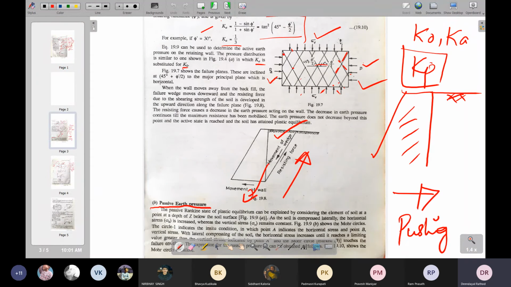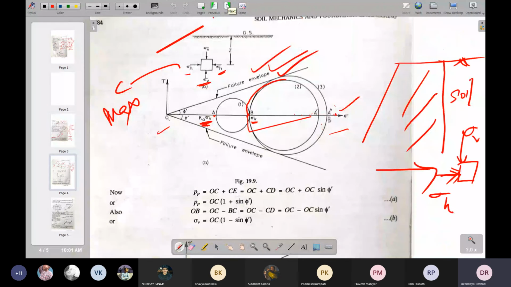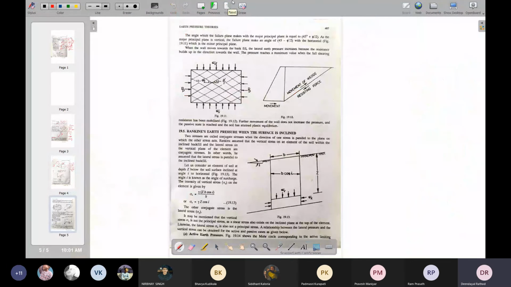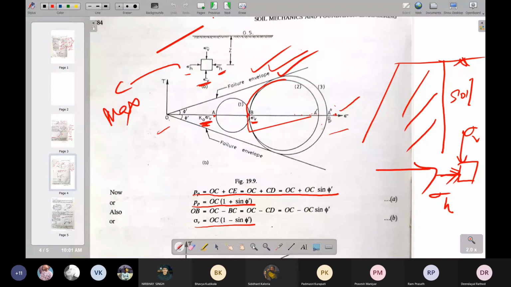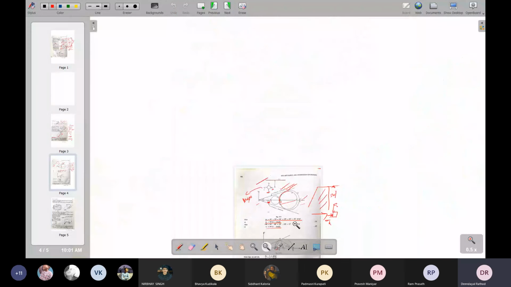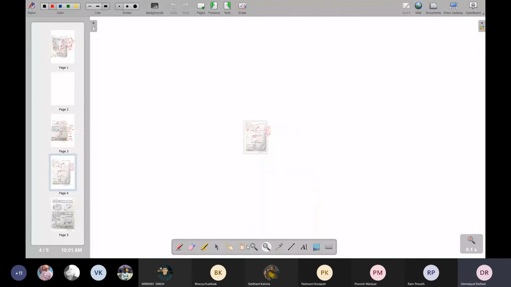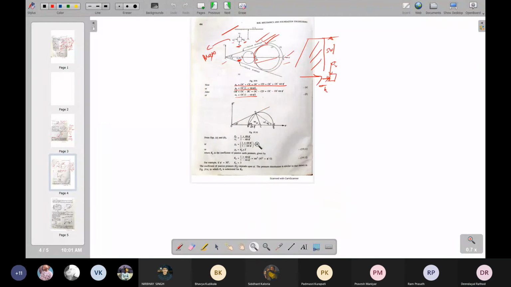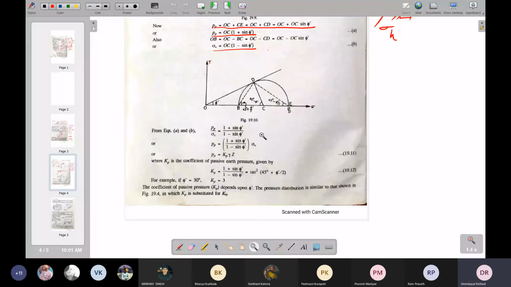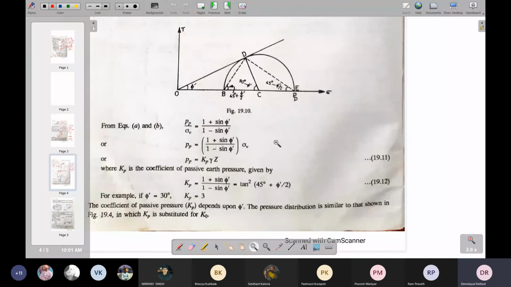The only difference I could find is that again they have found this Pp here. What is the Pp value there? Oh, here they have given, sorry. So same thing.